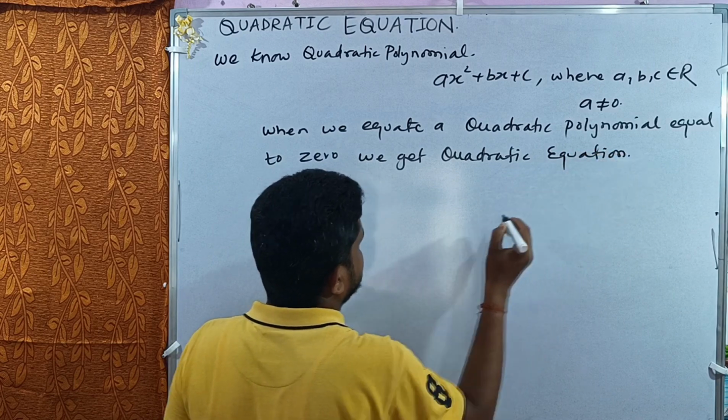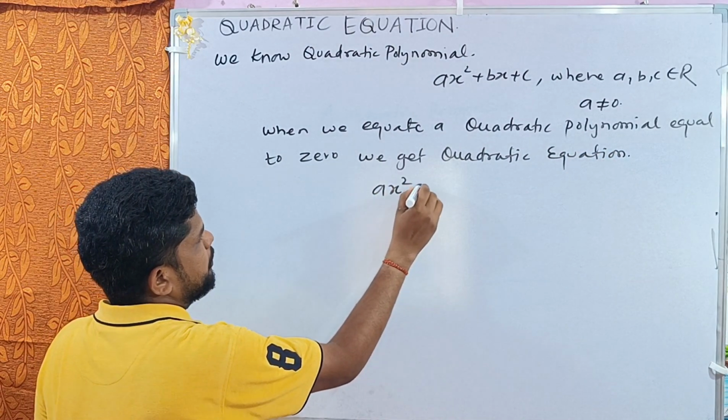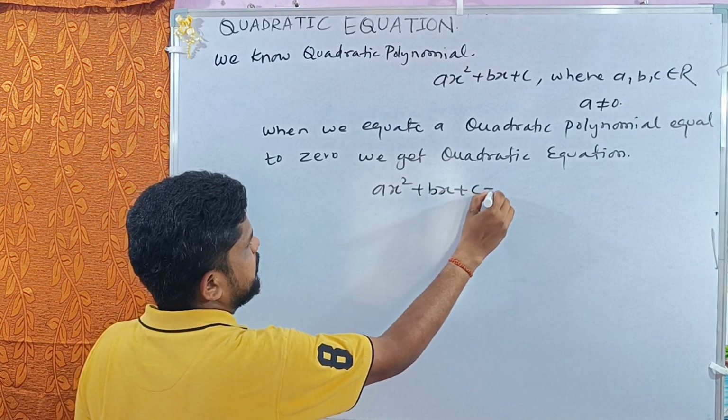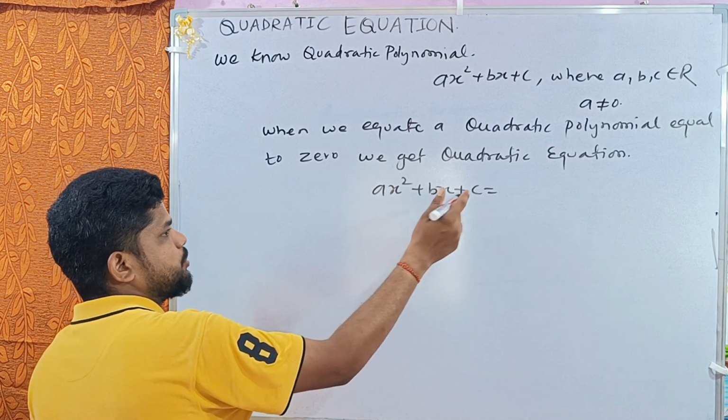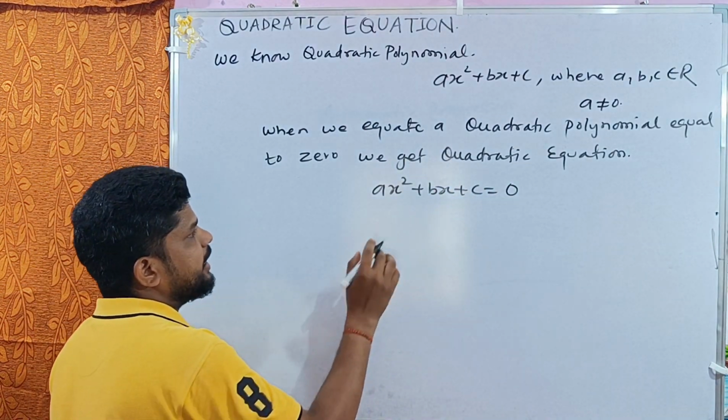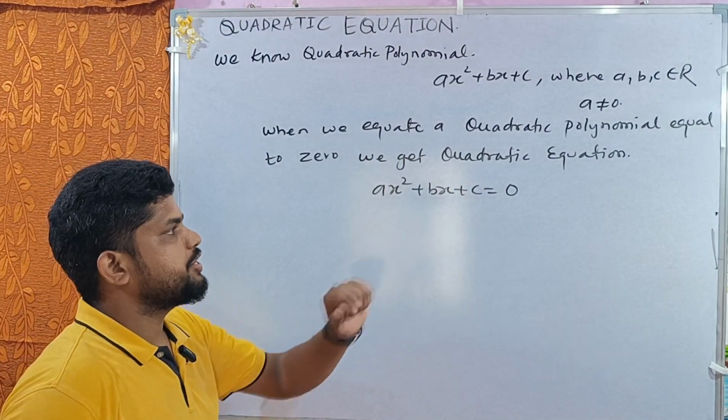That means what? If ax square plus bx plus c, which is the standard form of the quadratic polynomial, when we equate this to 0, we see that this is the quadratic equation.